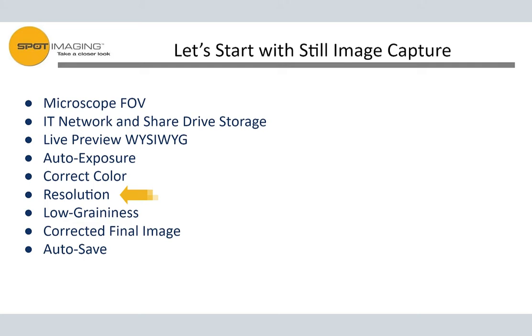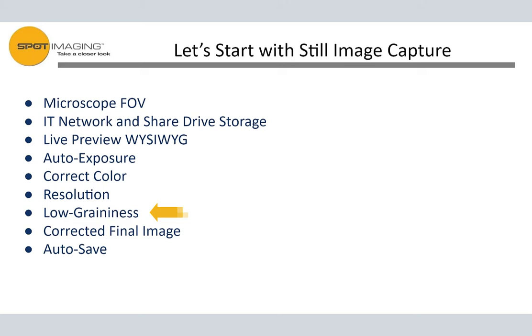It has very high resolution. We'll pick up the smallest details, and generally those are details you want to see in your mid magnifications like 20x and 40x, which are very common with the pathology applications.